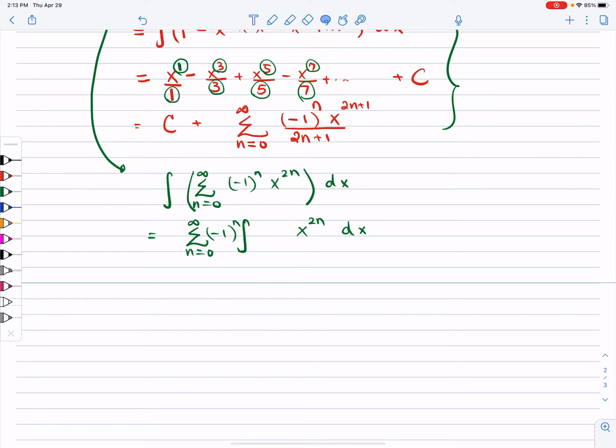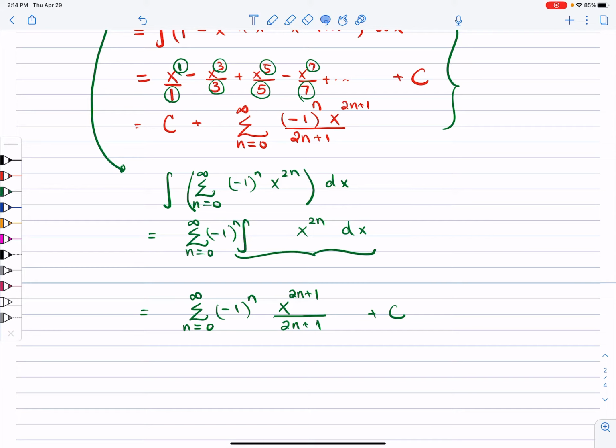So this gives us sigma as n goes from 0 to infinity, negative 1 to the nth power. And then we have the integral of x to the 2n dx, which will be x to the 2n plus 1 over 2n plus 1 plus your constant.